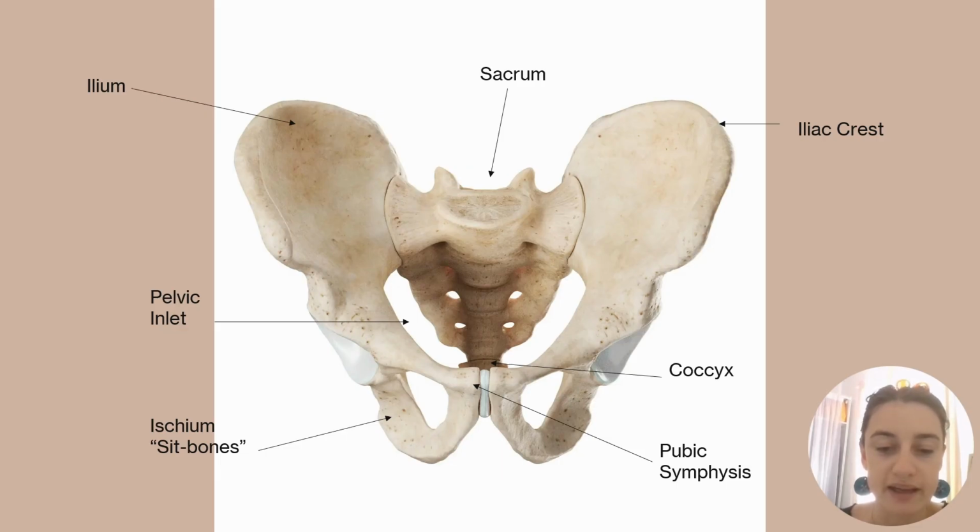But as you can see, we have cartilage there connecting both. So it's actually the two wings of the ilium coming to connect at the center. And you can even feel that connection now if you place your hand and palpate the pubic bone or the pubic symphysis at the front of the body.